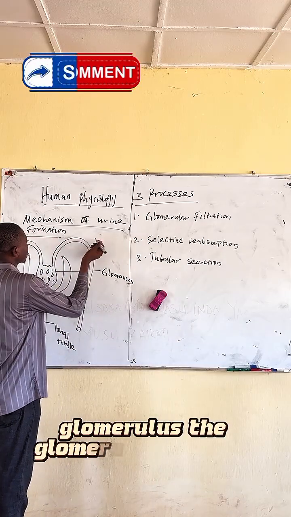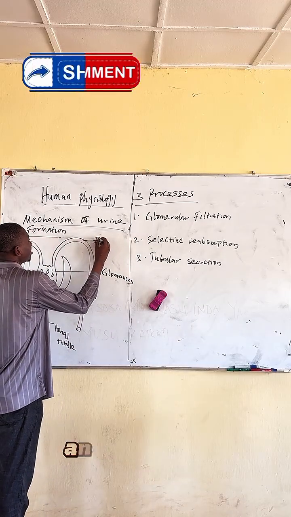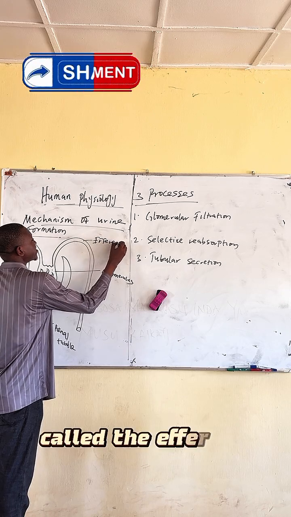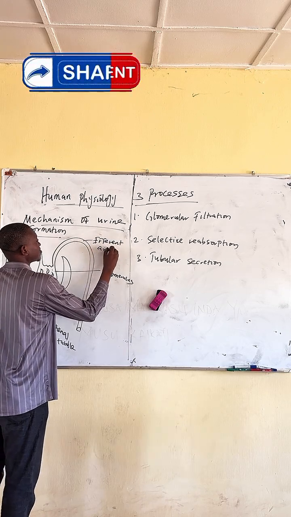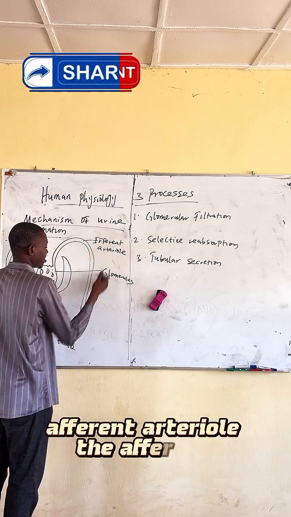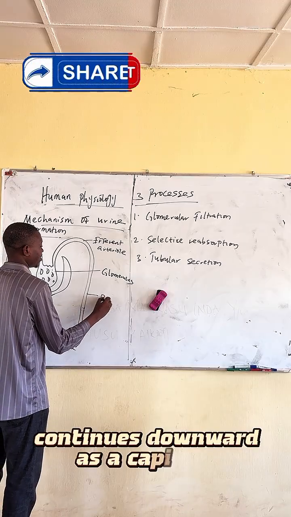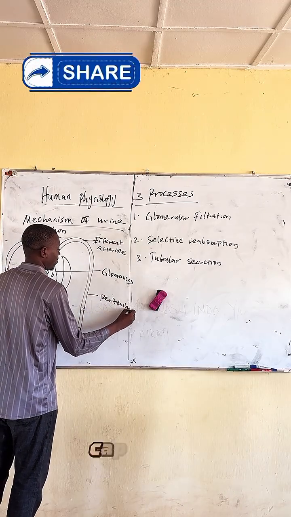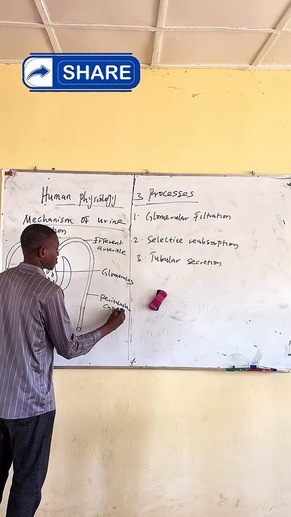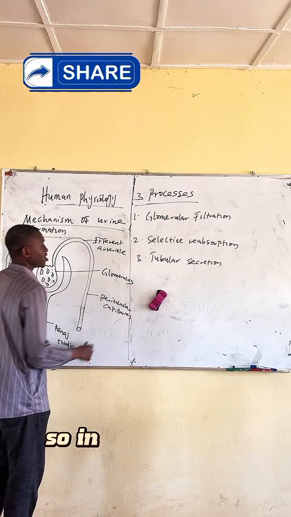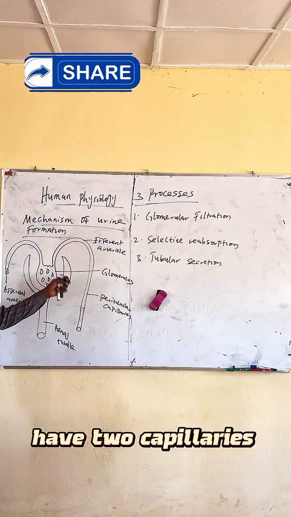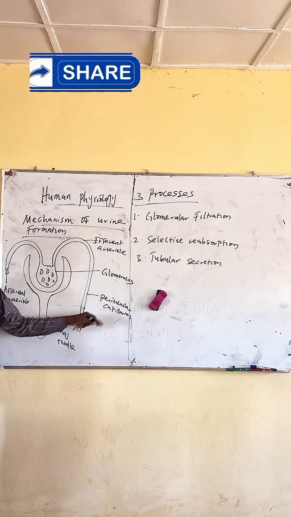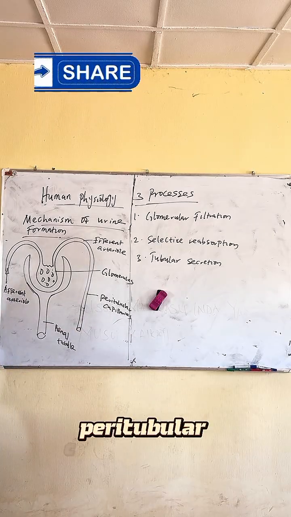The glomerulus continues as another arteriole called the efferent arteriole. The efferent arteriole continues downward as a capillary called the peritubular capillary. So in the nephron, we have two capillaries, the glomerulus and the peritubular capillaries.